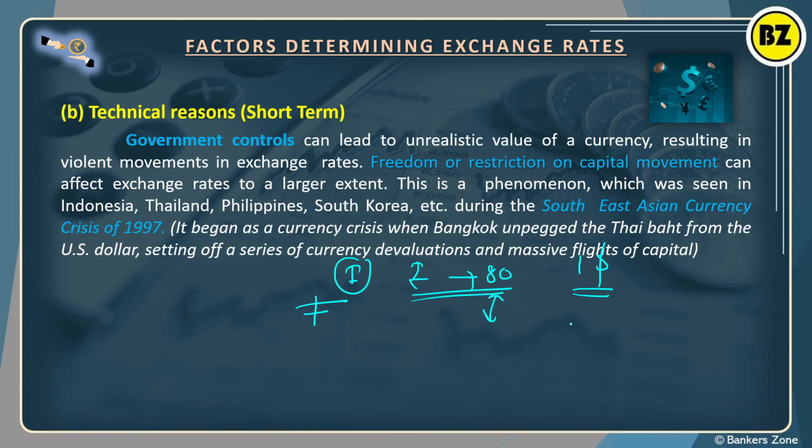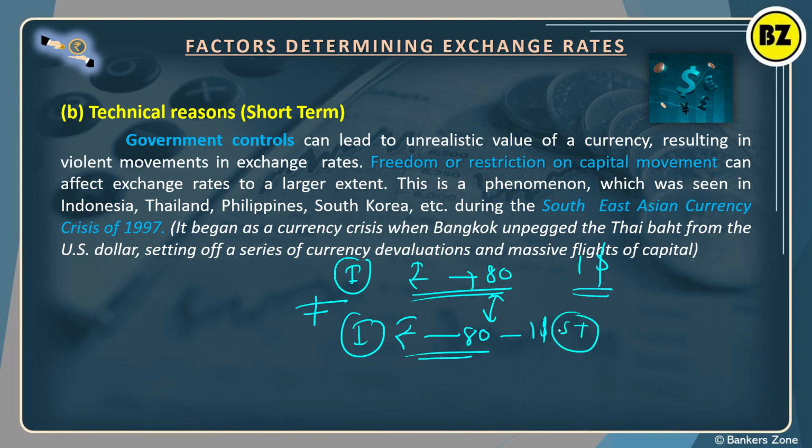We are very much aware, very much concerned about the currency, so we decided to lock the Indian rupee at 80 for $1. We will not allow fluctuations, by passing some resolutions or by taking some decisions. So will it work for a longer time? No, because this will affect the currency for a shorter duration.